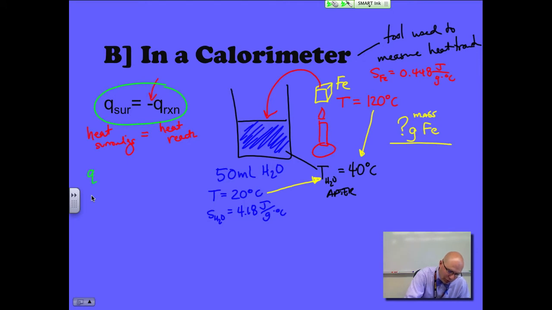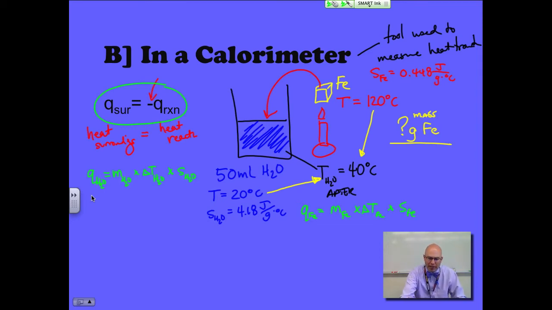So Q of water is equal to the mass of water times the change in temperature of water times the specific heat of water, right? And the same thing goes for my iron. The Q of the iron is the mass of the iron times the change in temperature of the iron times the specific heat of the iron.